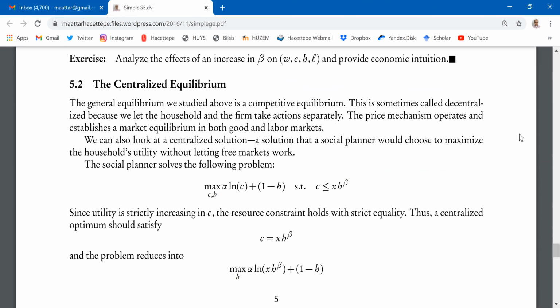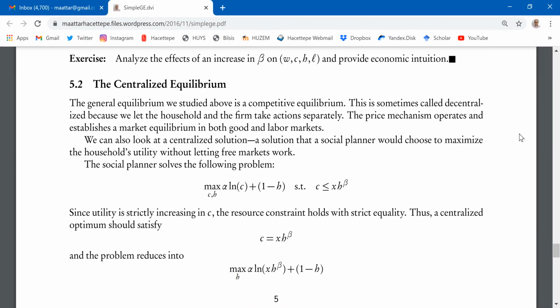Now, imagine there is a social planner. That social planner could be a central planning office or the president or any other mechanism that will govern the economic system by closing down the markets. So the economy has the same demographic structure.